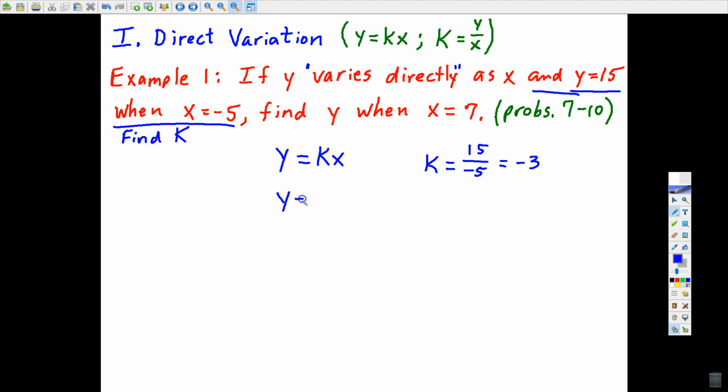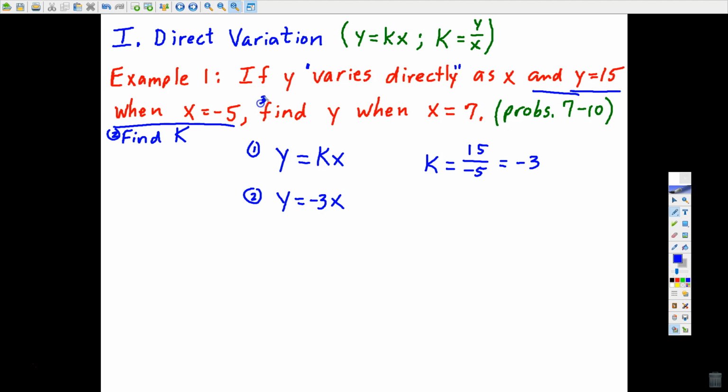I'm going to put negative 3 in for k. So if you like steps, step 1, I would just write down direct variation in general. Step 2, find k using the part of the problem that gives you both variables for x and y. Alright, and then you can write a specific direct variation equation that relates to this problem.